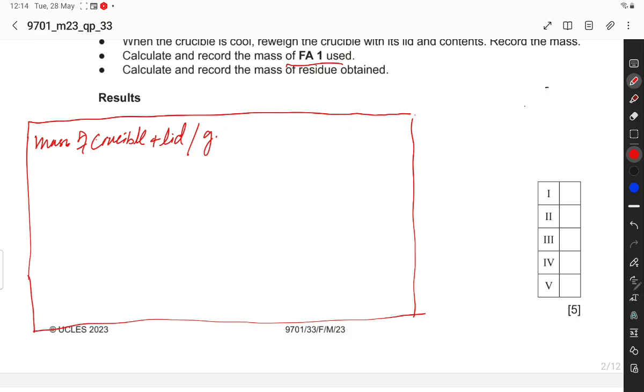Then mass of crucible plus lid plus FA1 before heating, in grams.